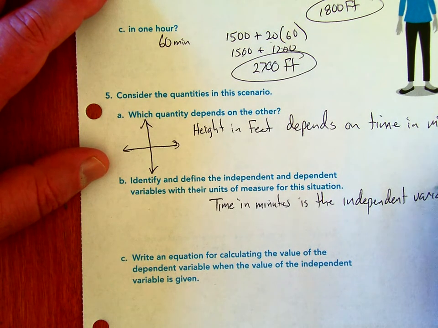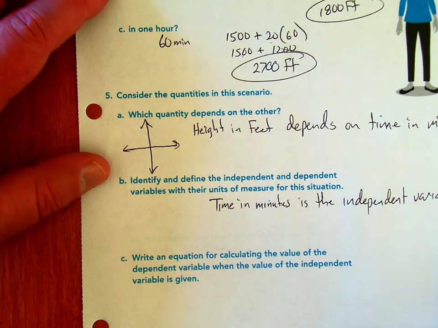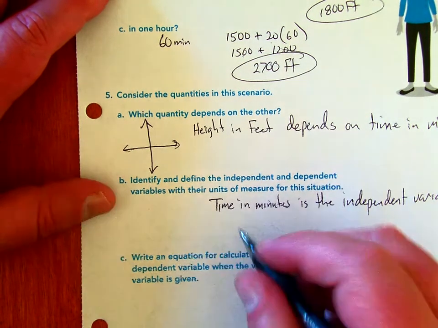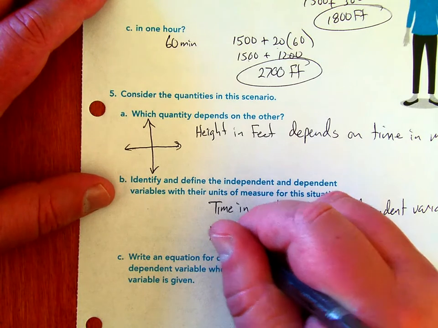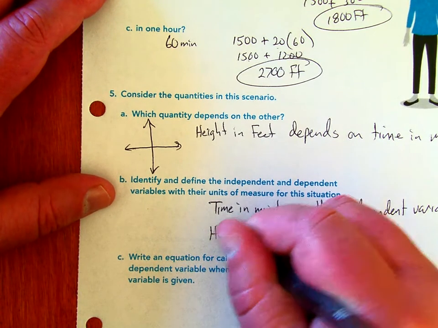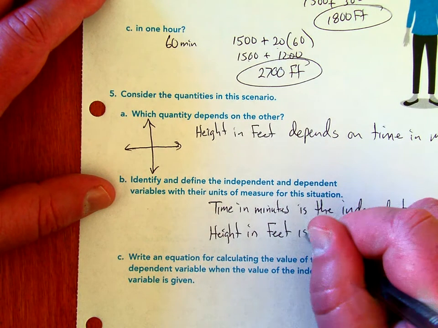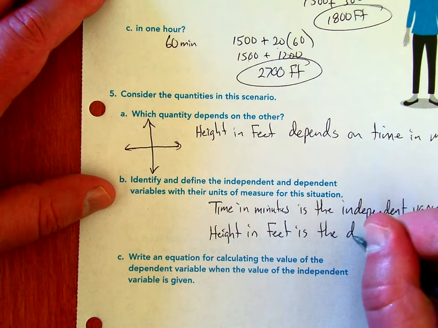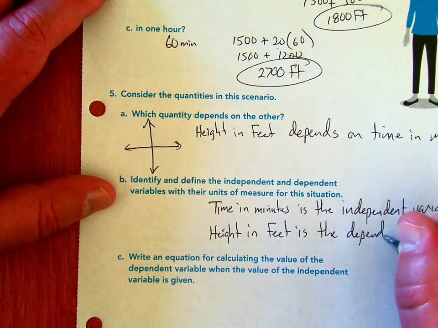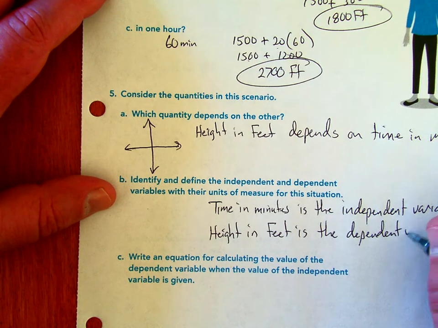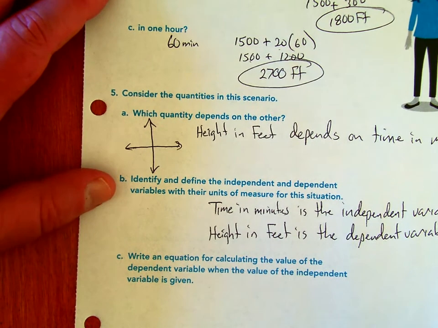That's the x variable, the horizontal on our graph. And height in feet is the dependent variable. That's going to be our y. That's our vertical.